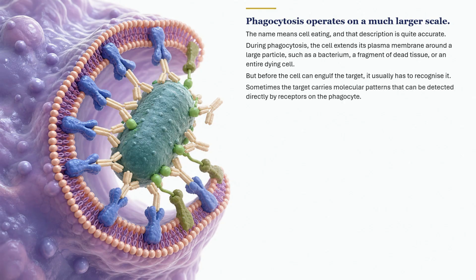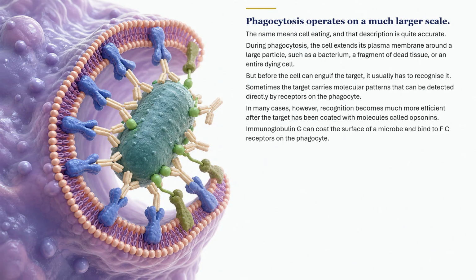Sometimes the target carries molecular patterns that can be detected directly by receptors on the phagocyte. In many cases, however, recognition becomes much more efficient after the target has been coated with molecules called opsonins. Immunoglobulin G can coat the surface of a microbe and bind to Fc receptors on the phagocyte.